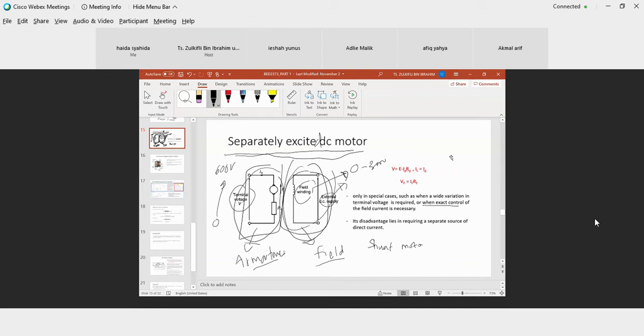So the disadvantage of this type of connection is that it needs a separate source of direct current to supply the field winding. So itu dia. The performance dia adalah sama macam a shunt motor.